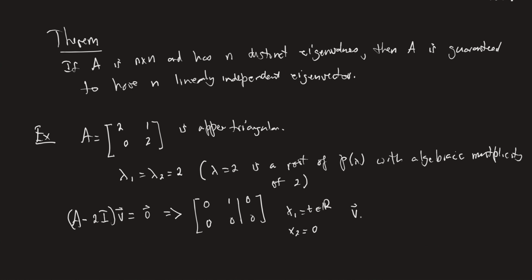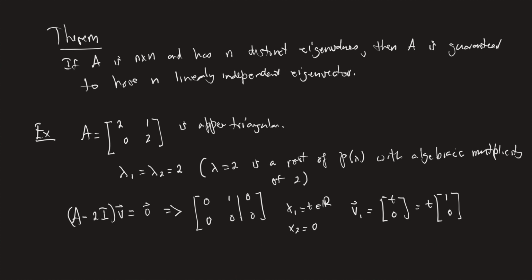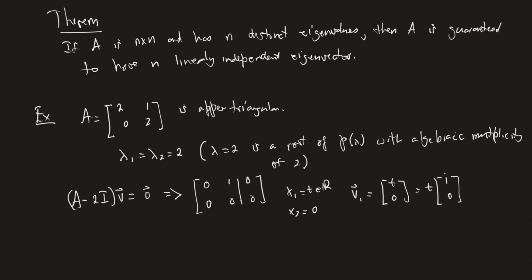So the eigenvector here is of the form t times (1, 0), and a basis for these eigenvectors would just be (1, 0). And there's no other eigenvector. So in this case, the eigenspace is one-dimensional because there's only one vector in the basis.